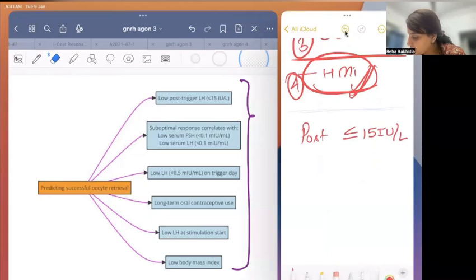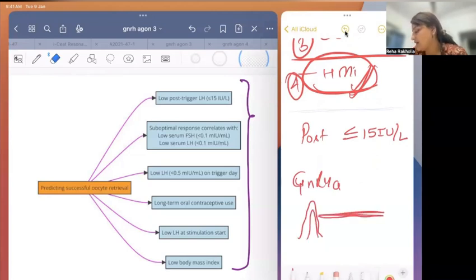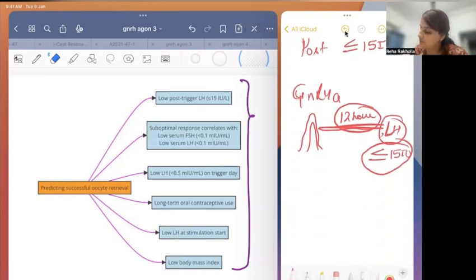We'll give the GnRH agonist trigger, and a surge will be there. Then after 12 hours, we'll check the LH, and if it is less than or equal to 15 international units, there is a chance of our trigger failing. Okay, first condition is this.